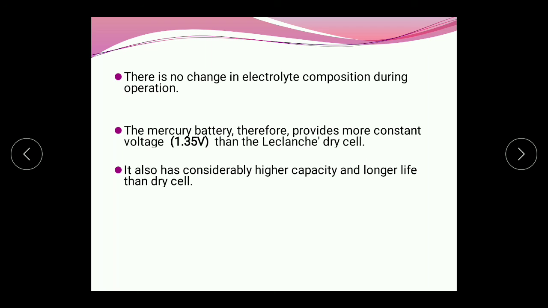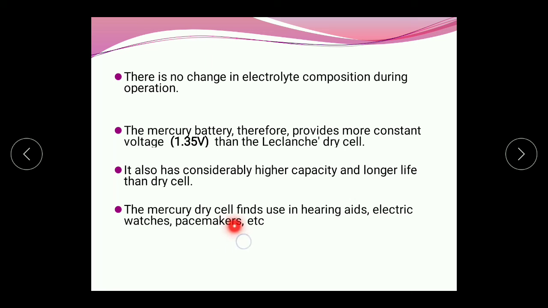In previous times, we were using dry cells in most of our electronic equipment, but nowadays NICAD cells and mercury batteries are more popular. The reason is that they have considerably higher capacity and a longer life.